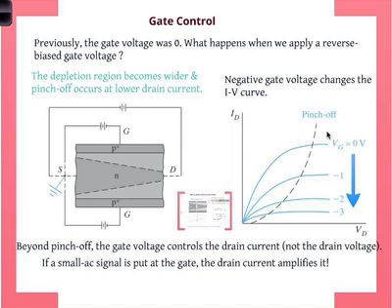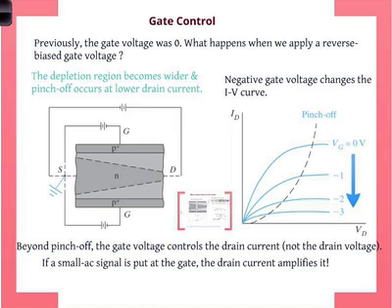Which means that the change in the drain current as a function of the change of the gate voltage earlier was dependent on the gate voltage. This is the transconductance. It was some function of the gate voltage. That's why there's a nonlinearity.